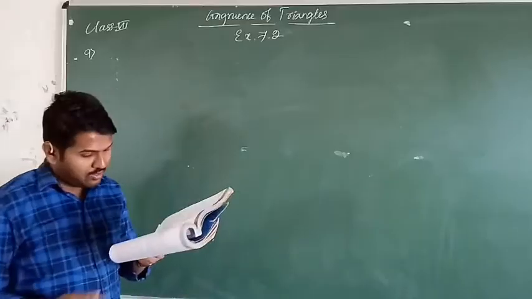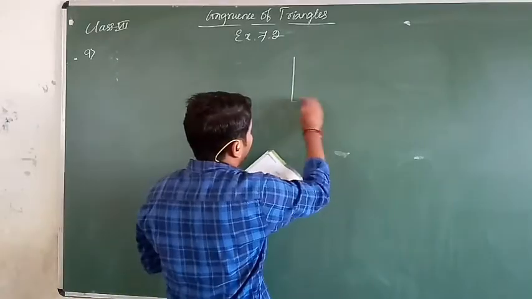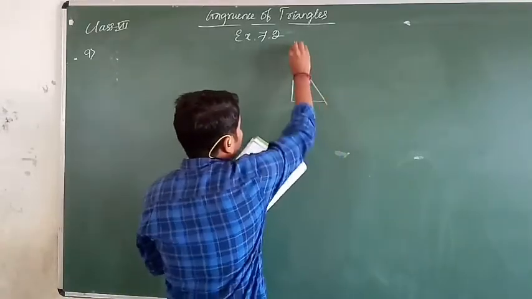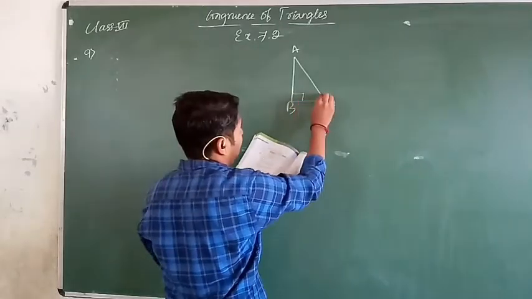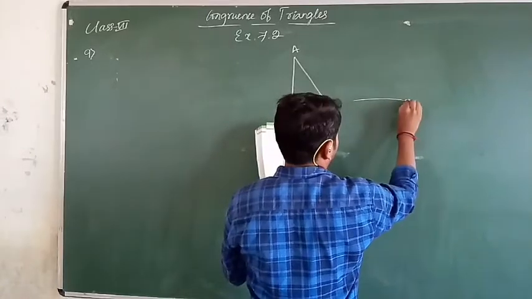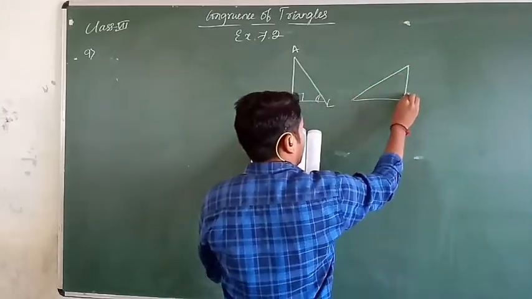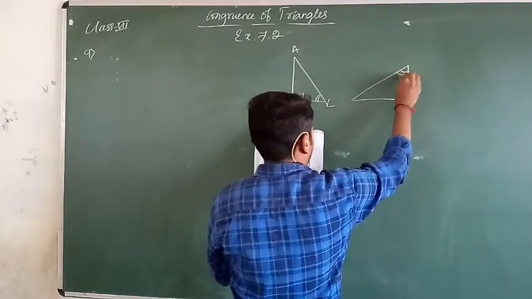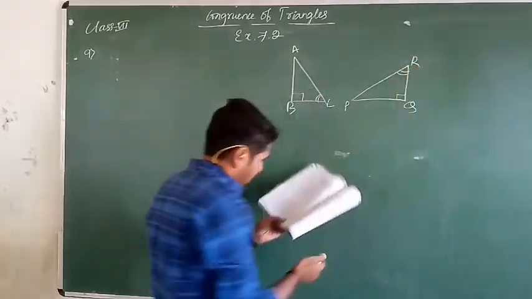Next, ninth one. If triangle ABC, so here they given triangle ABC with two angles they given. Okay. This is P, Q, R. Okay.